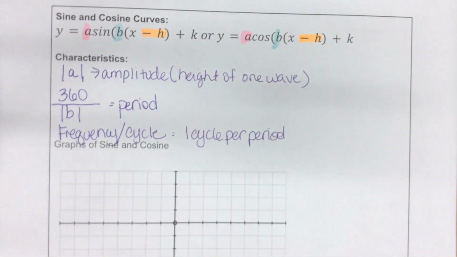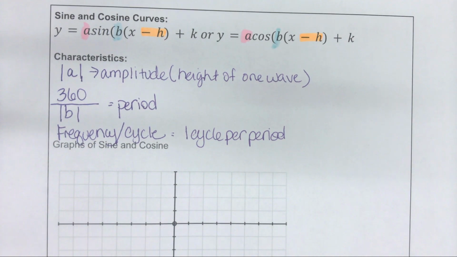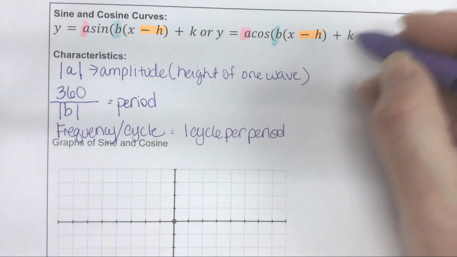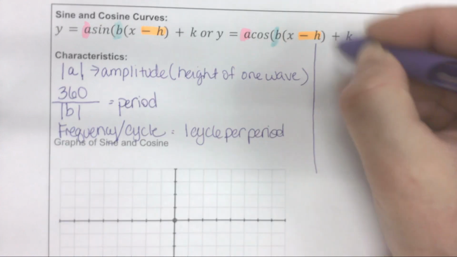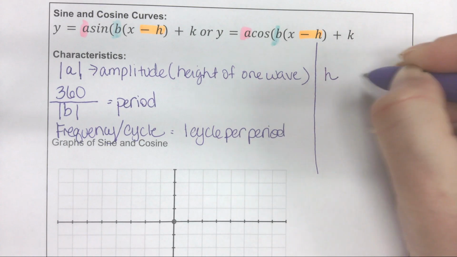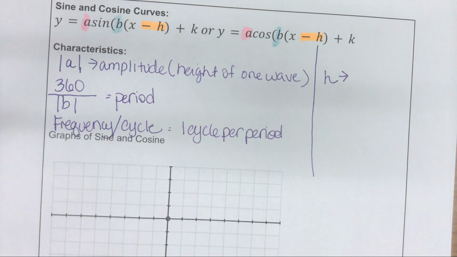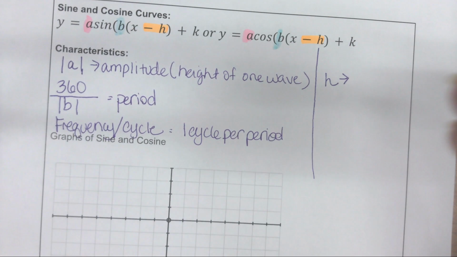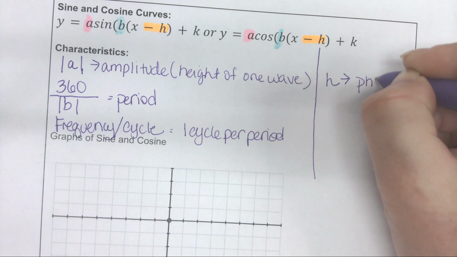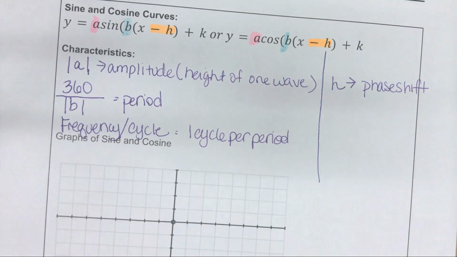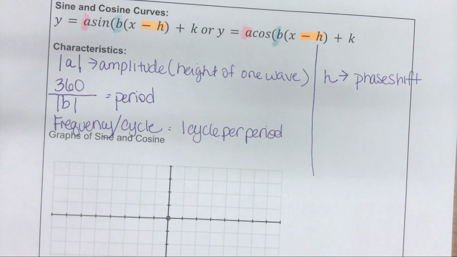For our H value, what that does is it's going to shift the graph right and left. And for some reason with sine and cosine curves, I didn't make this up, we have a special name for it, and it's called a phase shift. I just need you to know that I've told you that. If you want to just call this a horizontal shift, that's fine.